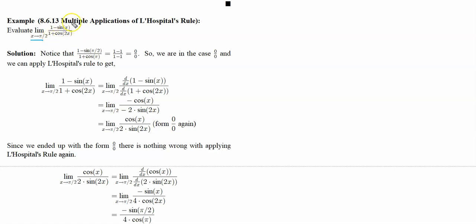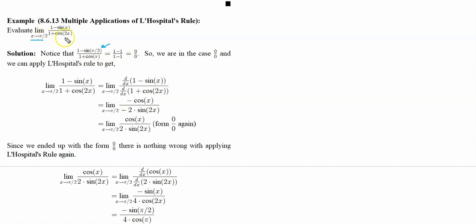Now first of all, let's see if we even need to apply L'Hopital's rule. Well, if we put the pi over 2 in for the x into the numerator and denominator, notice that we get 1 minus the sine of pi over 2, that's what we have right here. Now the sine of pi over 2 is 1, so we get 1 minus 1 in the numerator.